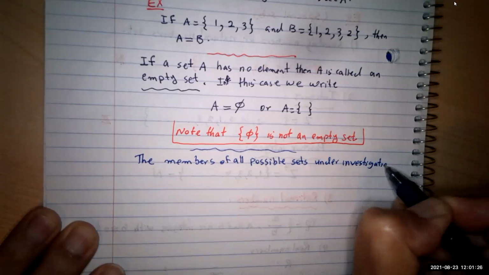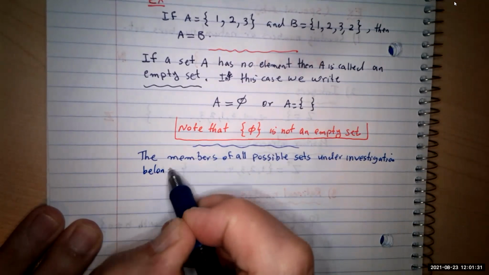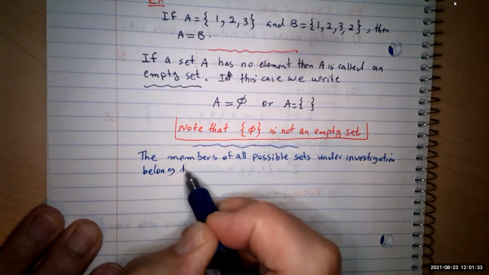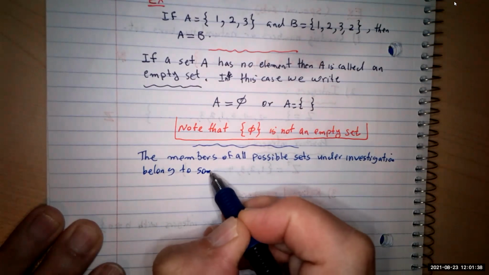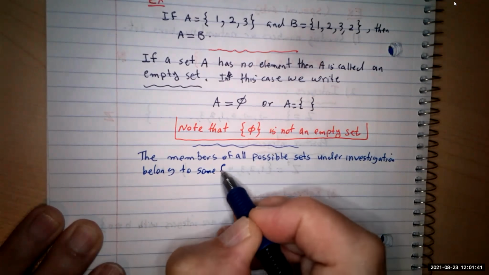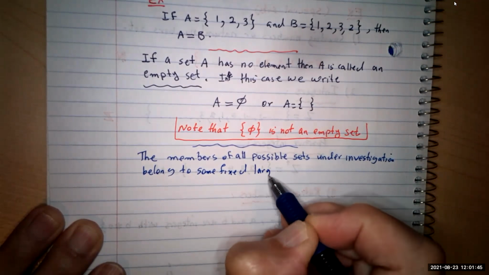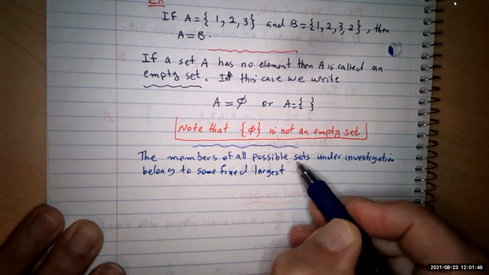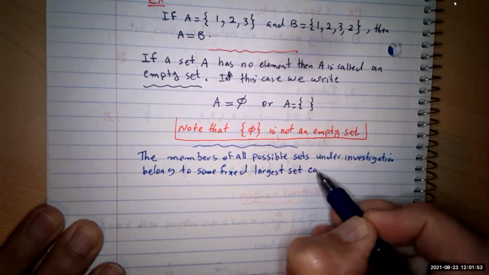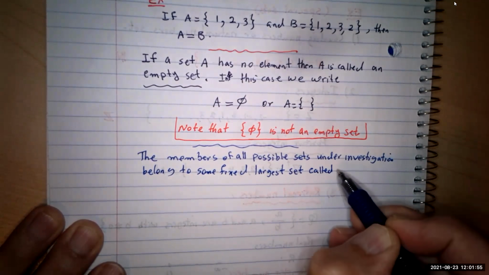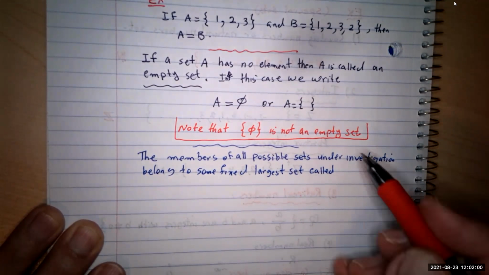All of them belong to some fixed source, the largest possible set. This largest set is going to be called the universal set. You must know this expression through this course.